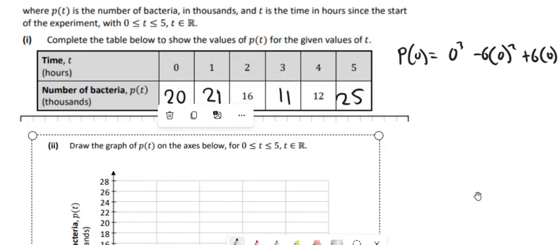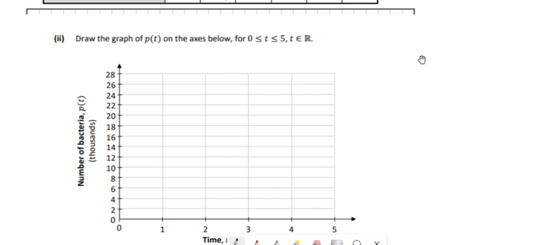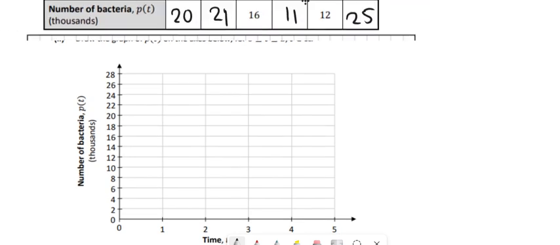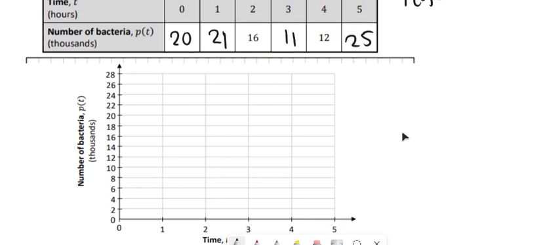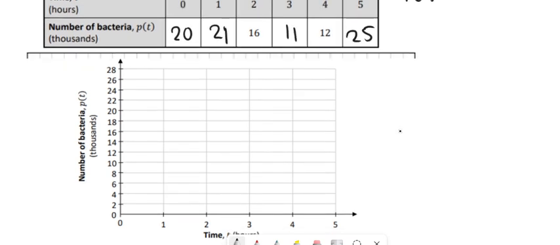The next part, we're just going to put that onto the graph. So 20 would be here. 21 is in here. 216 is here.